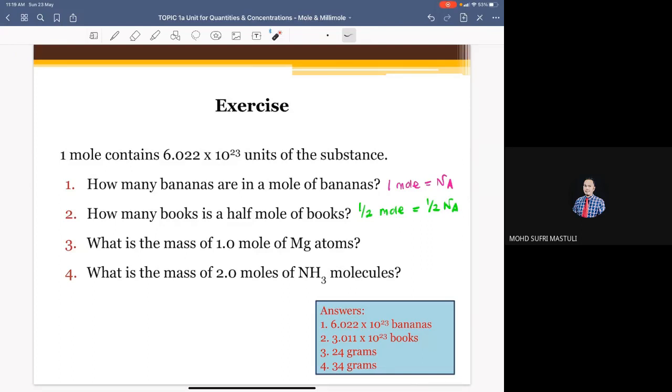Another question, what is the mass of 1 mole of magnesium atoms? This one is related to molar mass.